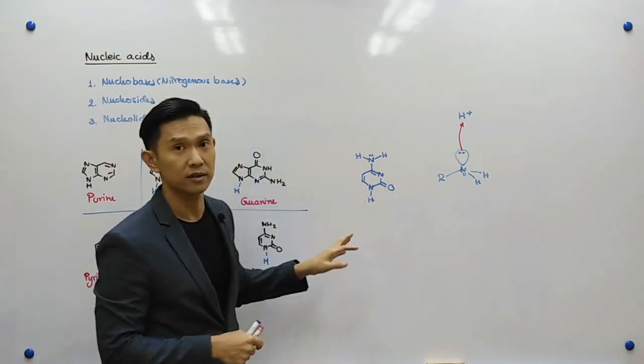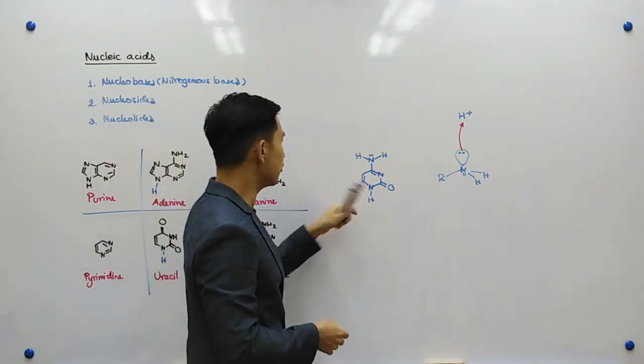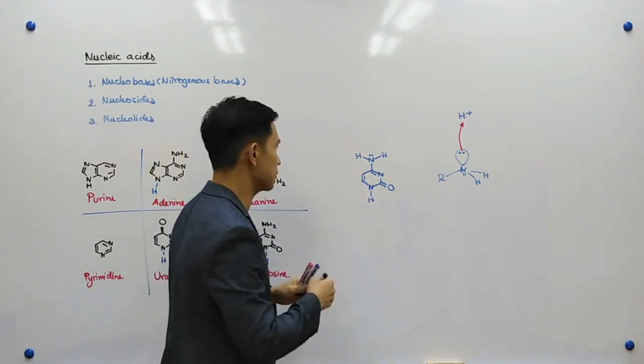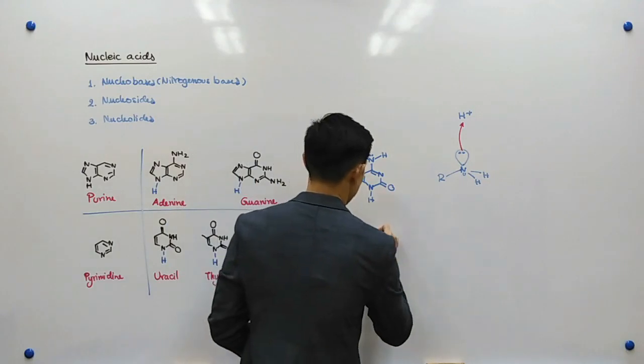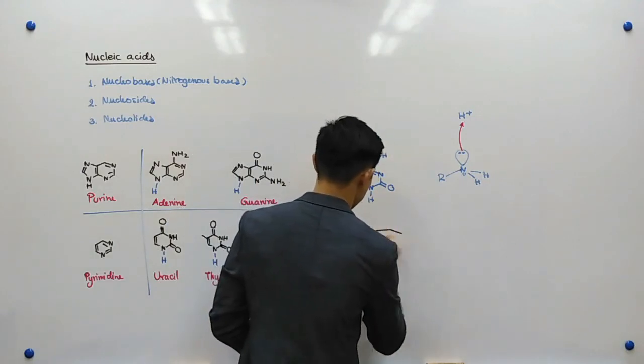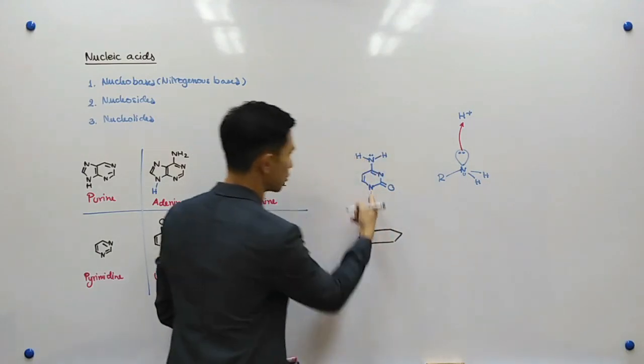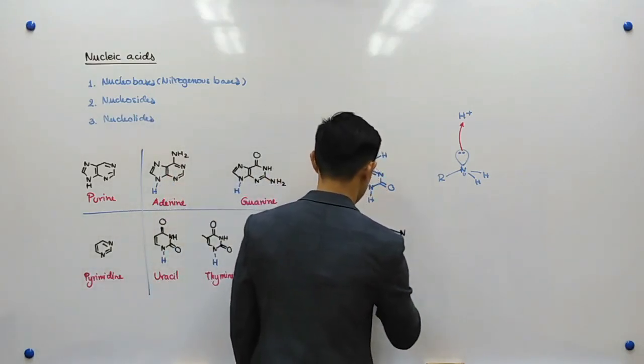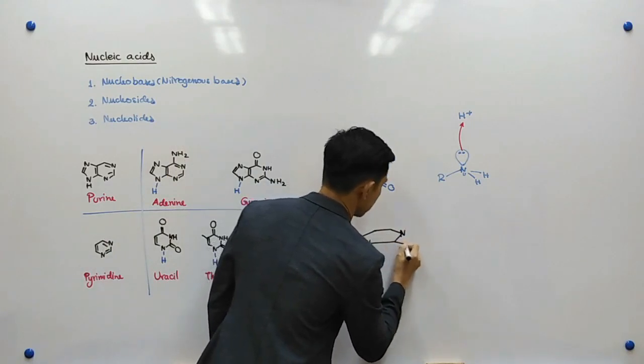So why should this happen? If you look at the structure in perspective view, I have a 6-membered ring over here. This is the aromatic ring, and I shall put nitrogen here and here, and the double bond oxygen is over here.